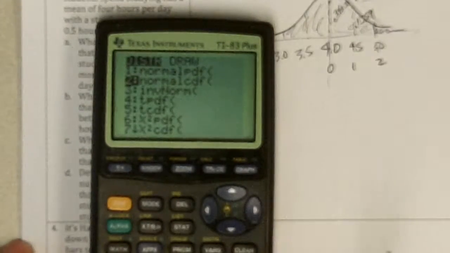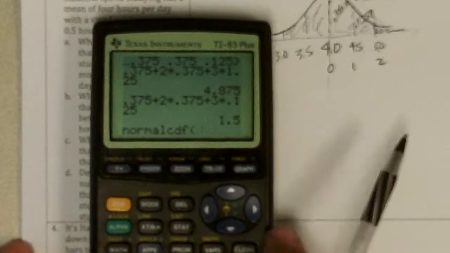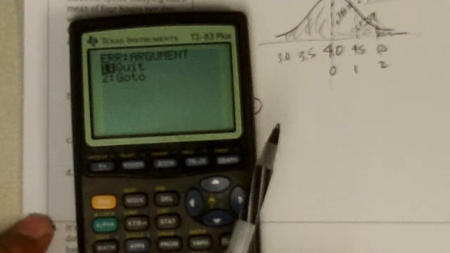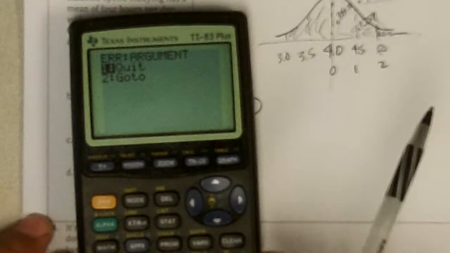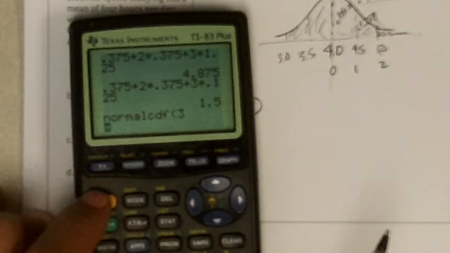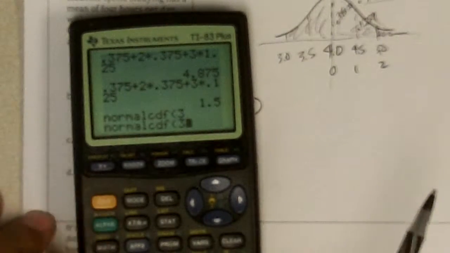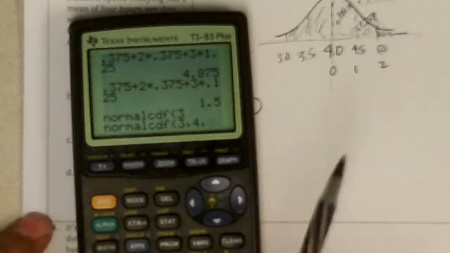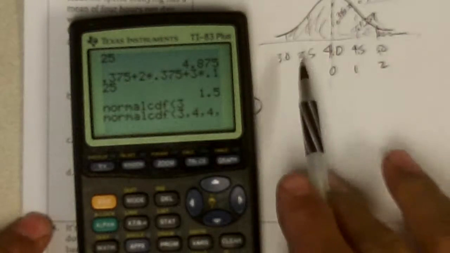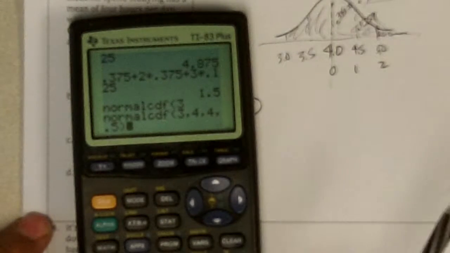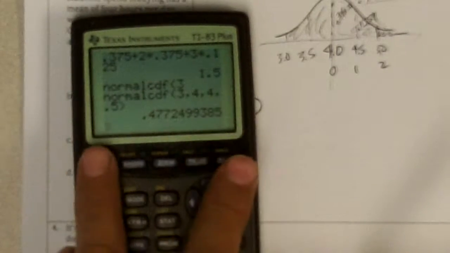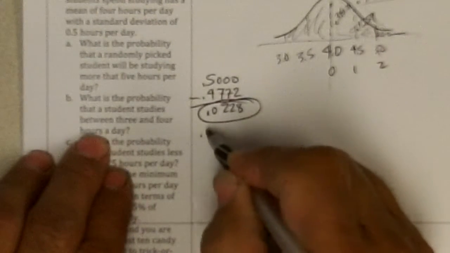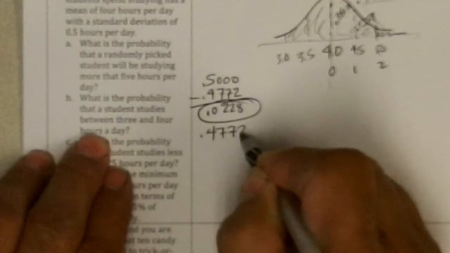Normal, add up between, 3 and 4, with a mean of 4, and a standard deviation of 0.5, and we get 0.4772. So that's B, 0.4772.